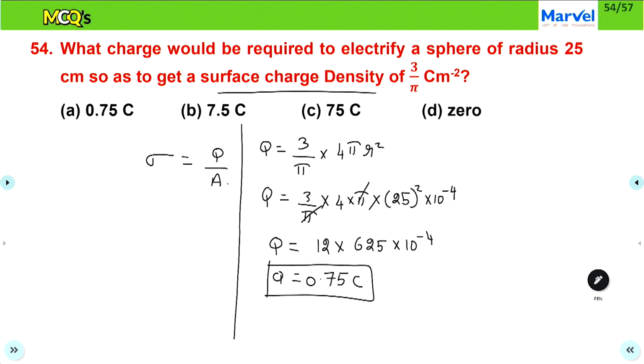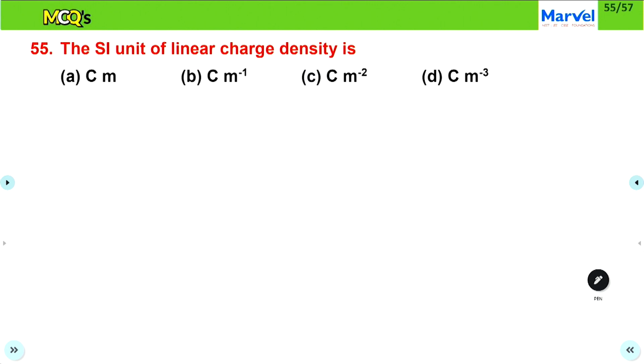That is the answer for the 54th question. Okay, simple. See, surface charge density is given, I wrote the formula and I found Q. Simple as it is. Now we move to the final question, which is your 55th question.